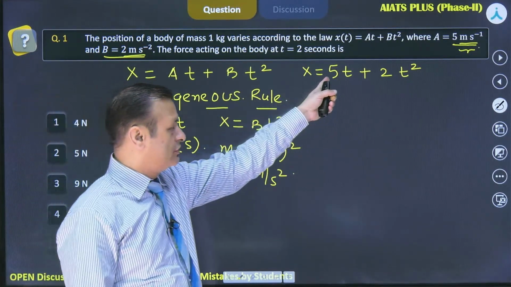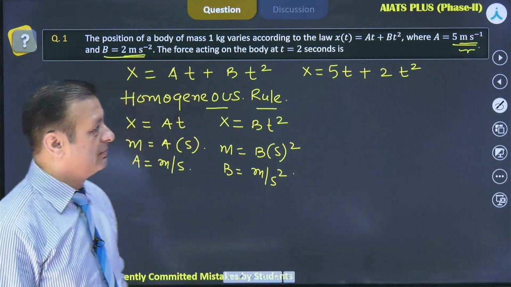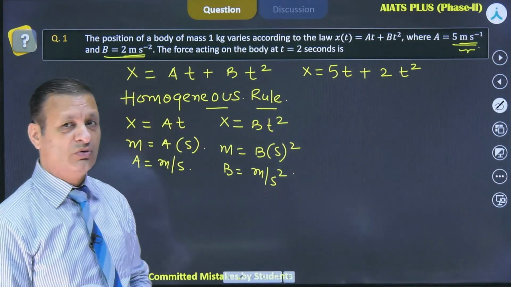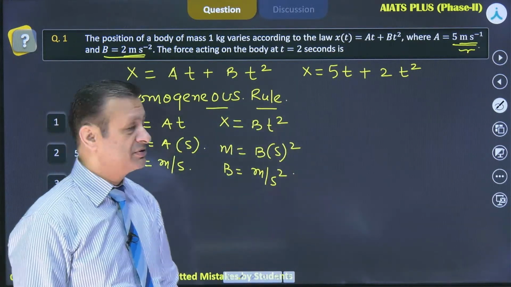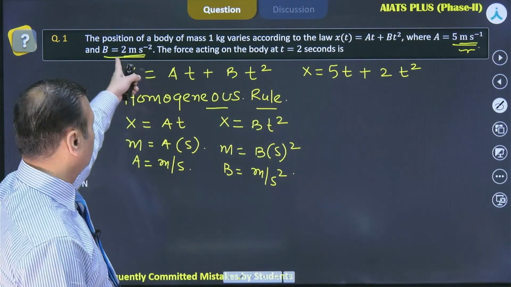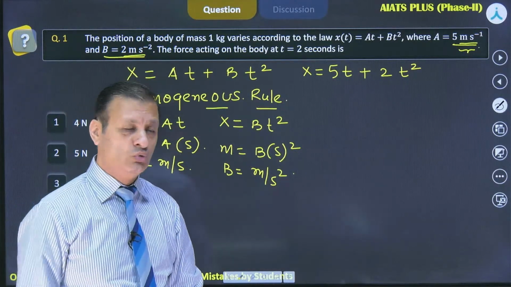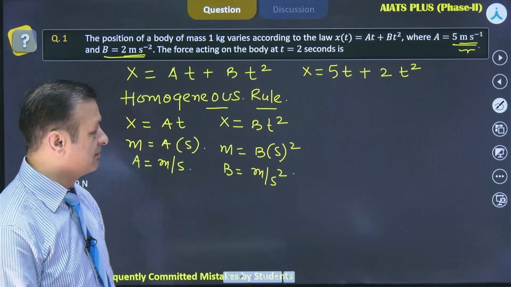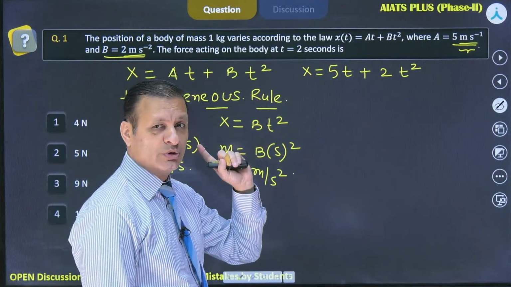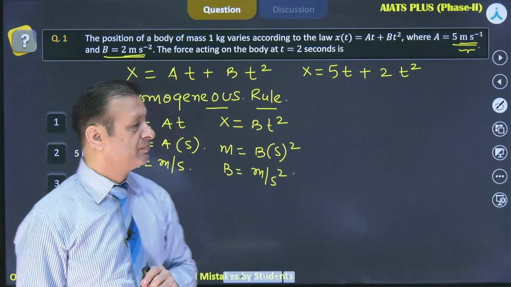Now you see A has been assigned a numerical value of 5 with units meter per second, and B is numerically assigned a value of 2, and unit wise this is also meter per second square. So this is the relation we have.